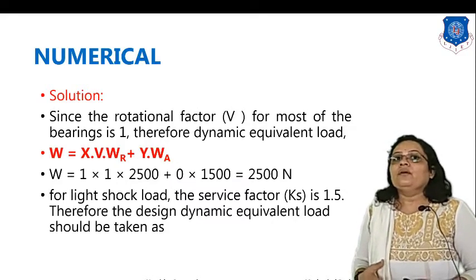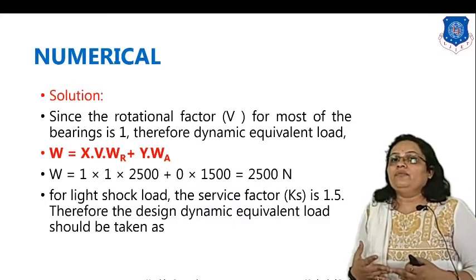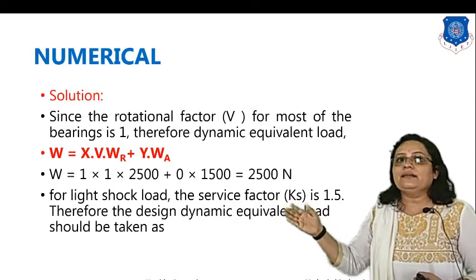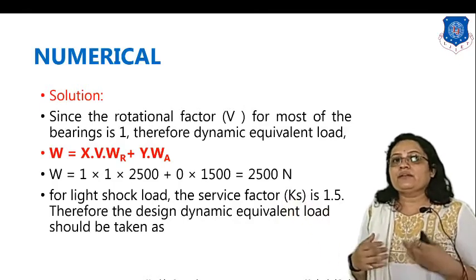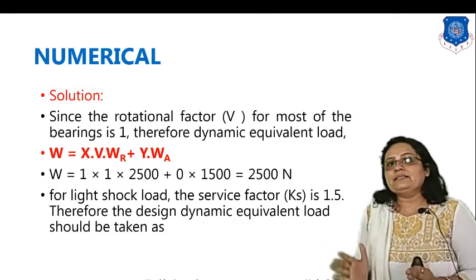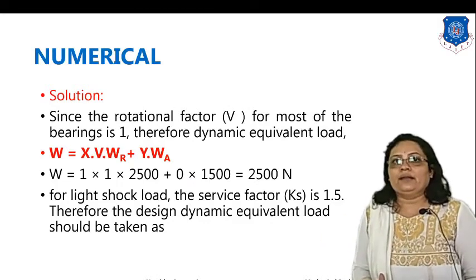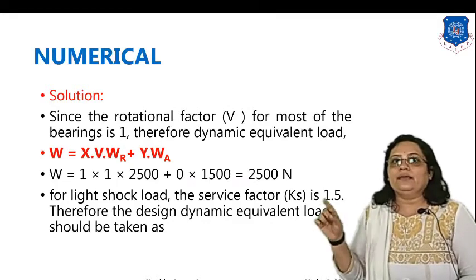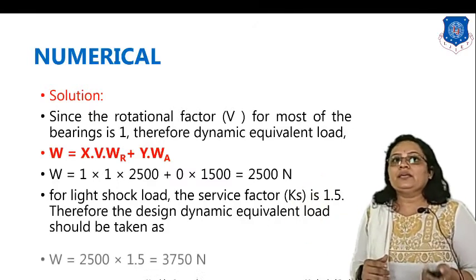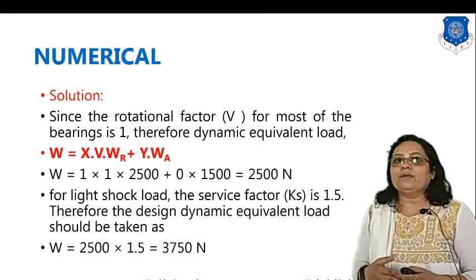Okay. Now, before designing with the dynamic equivalent load, we have to consider here the service factor. So the service factor is given. If the service factor is not given, we will consider Ks is equal to 1. But in this numerical Ks is given, so we have to consider it. Okay, so what will be the dynamic equivalent load?